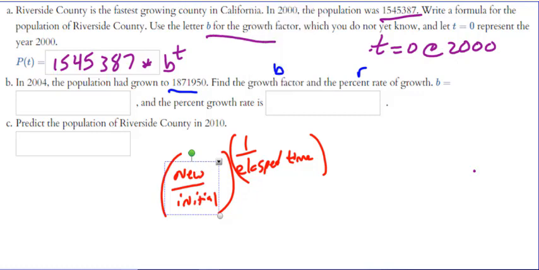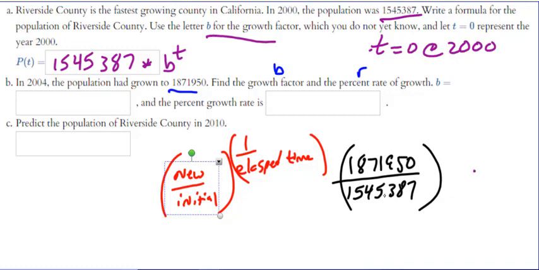Okay, so when we're doing this, the new point is 1871950 divided by the initial amount was that. Now that was in 2000 and this is in 2004. So that's 1 over 4, right? 1 is always going to be there over the elapsed time. It took 4 years.